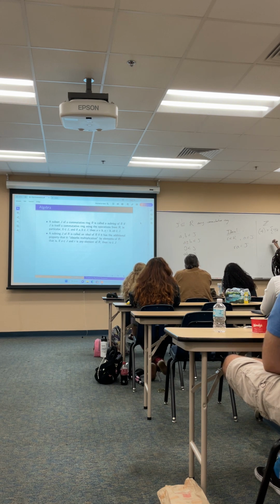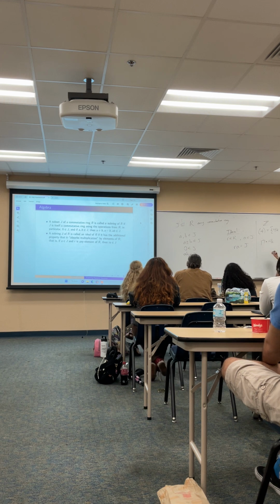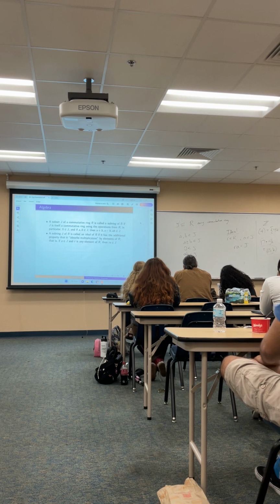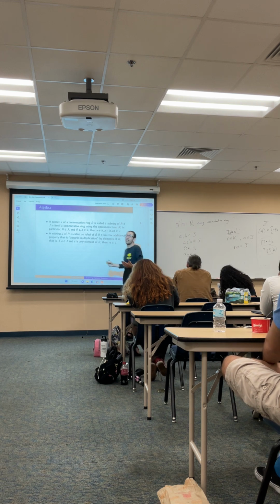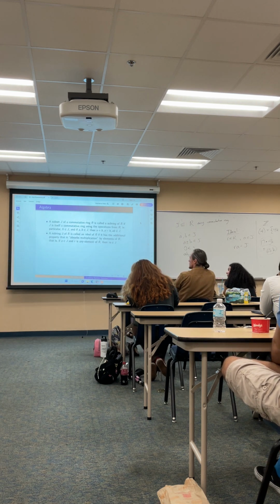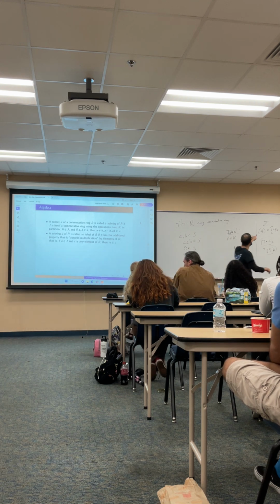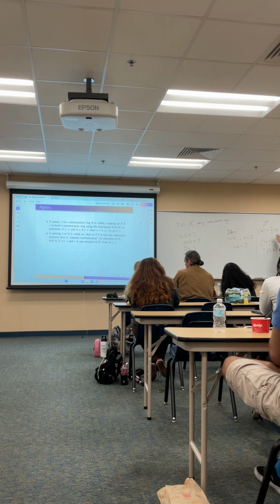Because if I take any number that looks like 4 times k and multiply it by any integer whatsoever, whatever that works out to is still going to be divisible by 4, because the 4 is still there. So I could take anything in this set, multiply by any integer, and the result is still going to be in that set, okay?